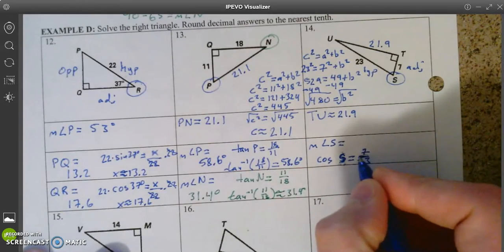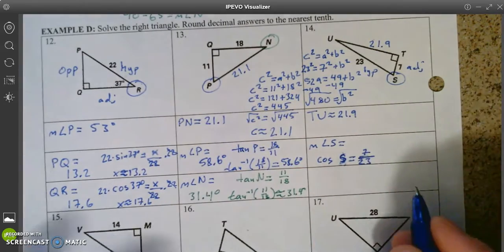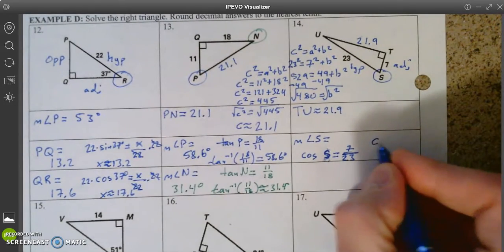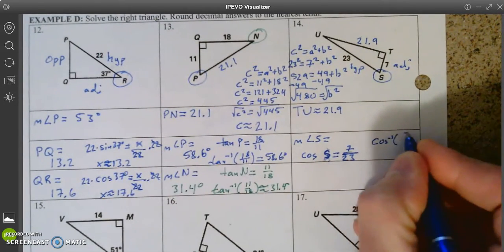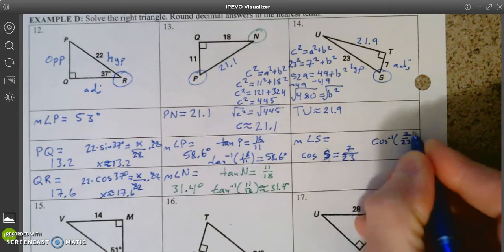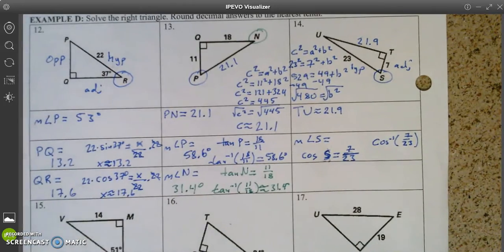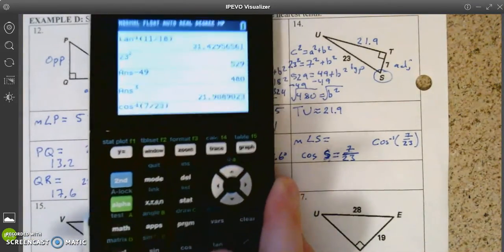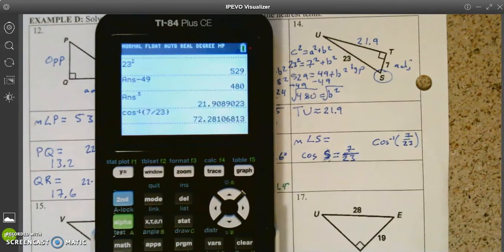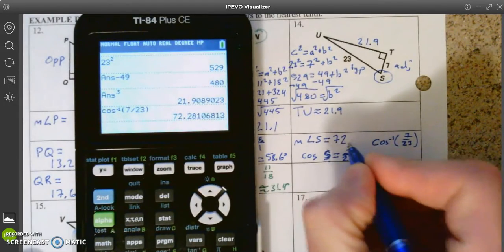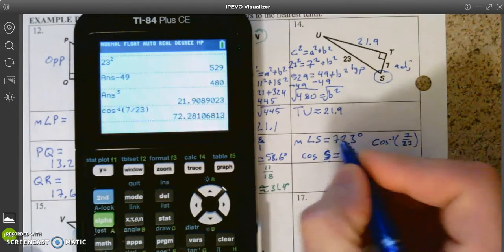So now to find what S is, we do inverse cosine of 7/23. Sorry, doing this off camera. 7/23 gives me this. So that is about 72.3 degrees.